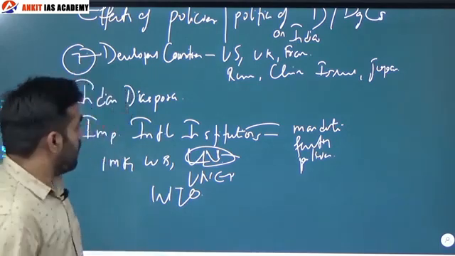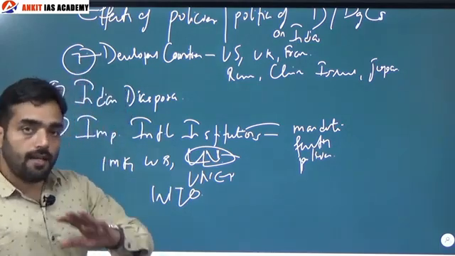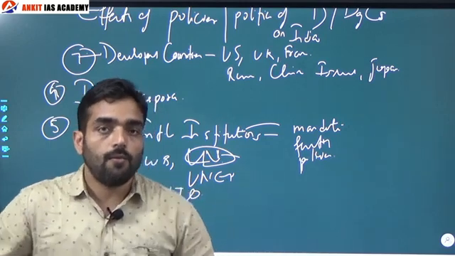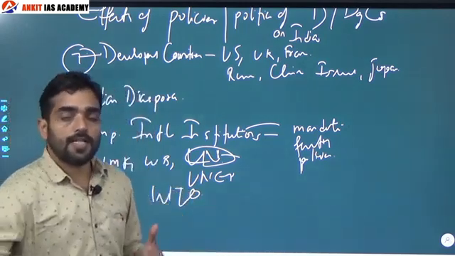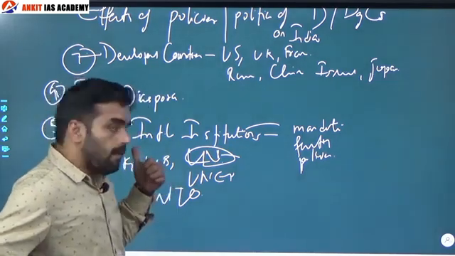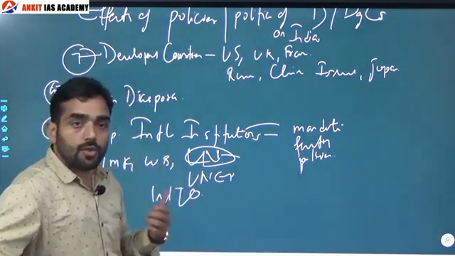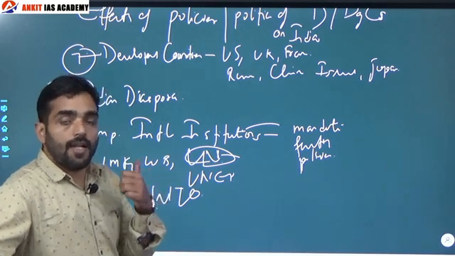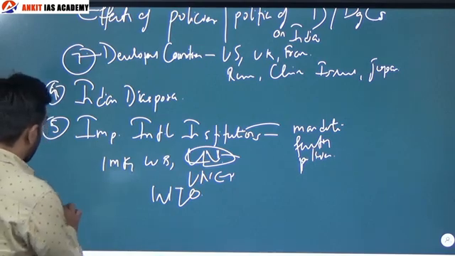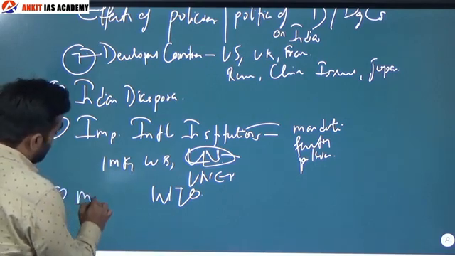So these are the important international institutions, and again every year you will find one question from this part. One question from major powers, that is developed countries, one question from important international institutions, one question from India and its neighborhood.